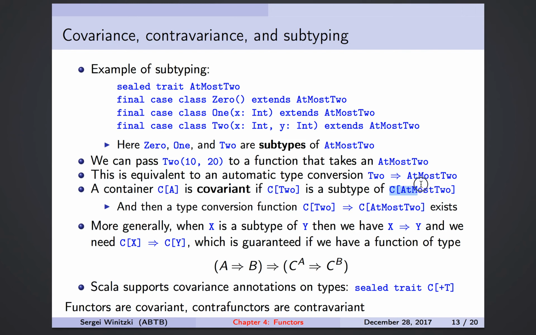So more generally, what is covariance? The type constructor C is covariant in its argument X whenever, if you have X is a subtype of Y, then you also have this conversion automatically.